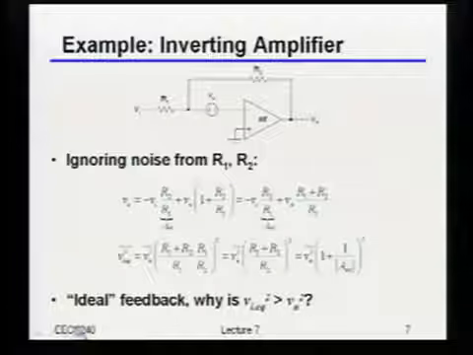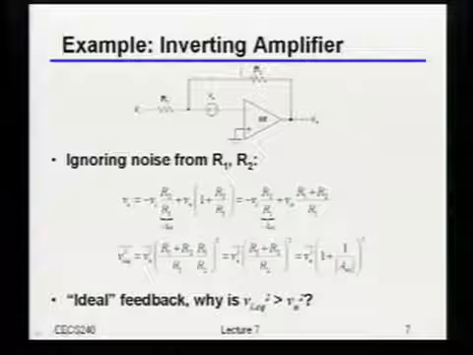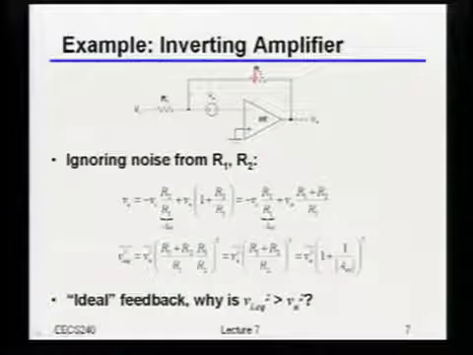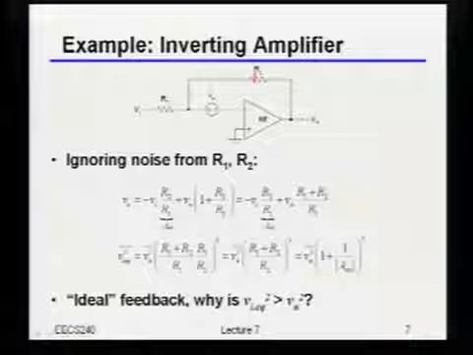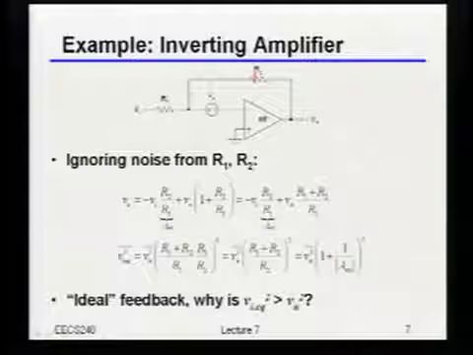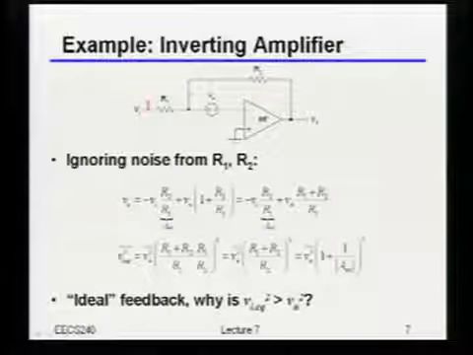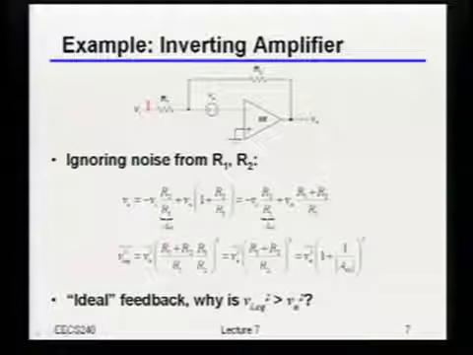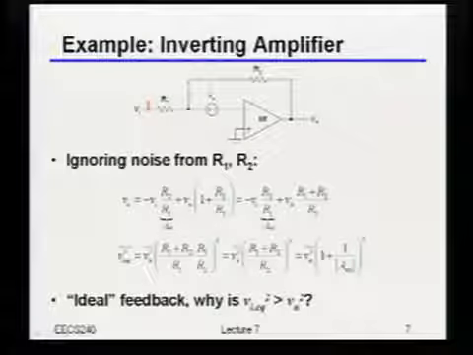Because now what I want to do just to prove a point, I'm going to even pretend that I can build these resistors as being perfectly noiseless. Okay? So I've actually given you the magical element that all the mathematicians like to have. Right, so I can ideally set the feedback gain without adding any noise from these feedback resistors. Well, what we're going to see in 1 second is that actually, even if I did this, I'm actually going to be amplifying the noise.